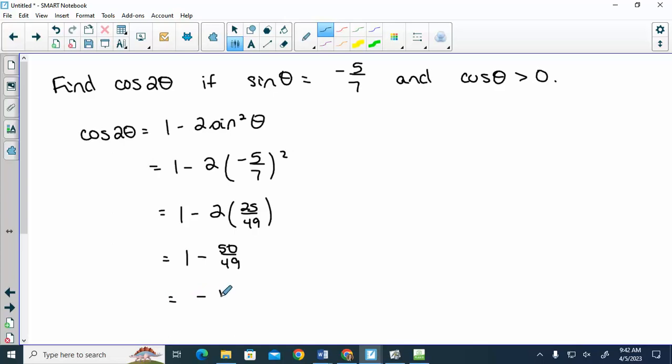Get negative 1 over 49. If you had used either of the other 2 formulas, they both involved a cosine, so you would have to set up a triangle in order to find your cosine theta. But by using this one, we saved ourselves that step.